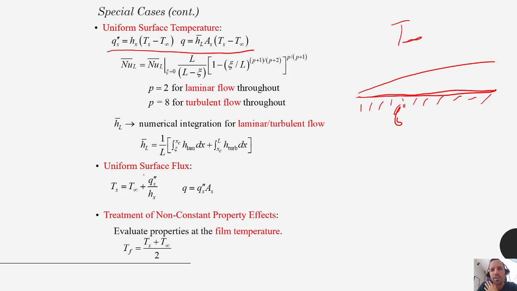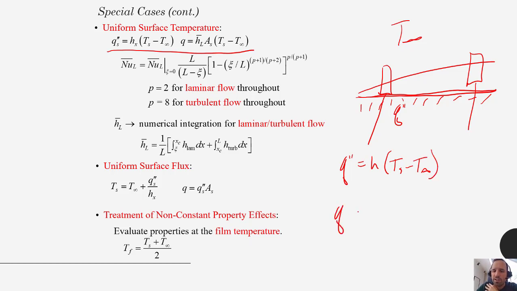Again, a key takeaway here is things can be localized, and because things may be different if you're looking at a piece of the plate here versus a piece of the plate here, you actually want to be really careful that you use the flux version of Newton's law of cooling, and generally to get the total amount of heat transfer would require us to use the average rather than the local.